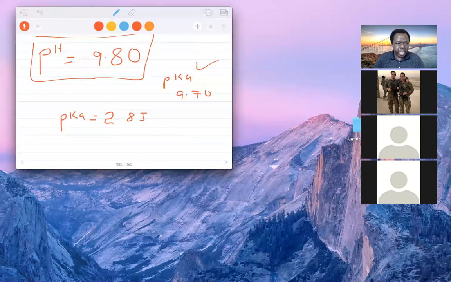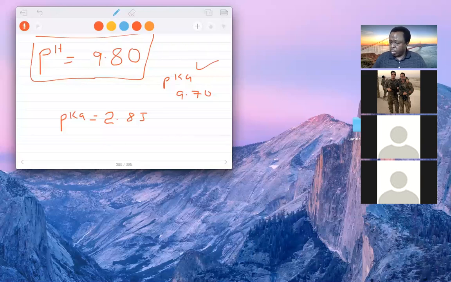That way it will tell you which weak acid you are going to use. The closer the pKa value is to the pH value, that's how you will proceed. Otherwise, it's not any weak acid you're going to use to prepare the buffer solution. That's just general knowledge you need as far as buffer solution preparation.